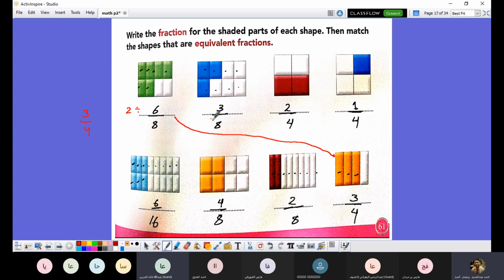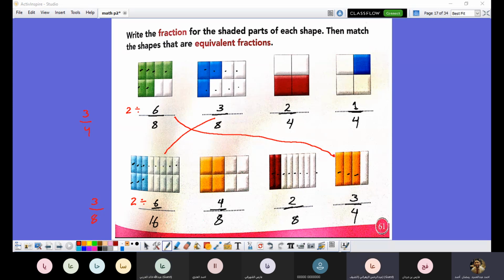That's right. Excellent. And now, when I divide the numerator and denominator by 2, 6 divided by 2 equals 3, and 16 divided by 2 equals 8. So we can say that 3/8 equals 6/16.